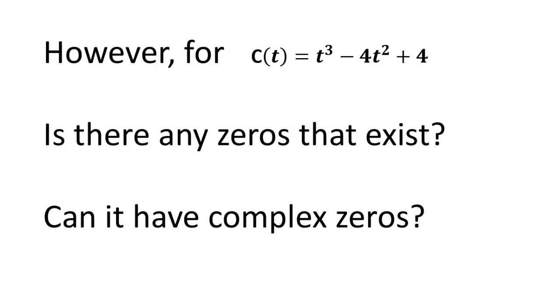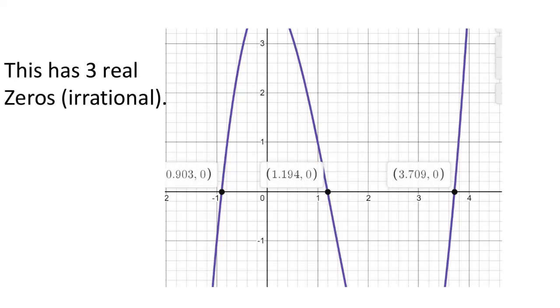So I did graph the picture. If you notice here, it has how many zeros? It has 3 zeros, but the reason we couldn't find them using the rational zero test is because these zeros are irrational. In other words, it's a decimal that goes on forever but doesn't repeat itself.